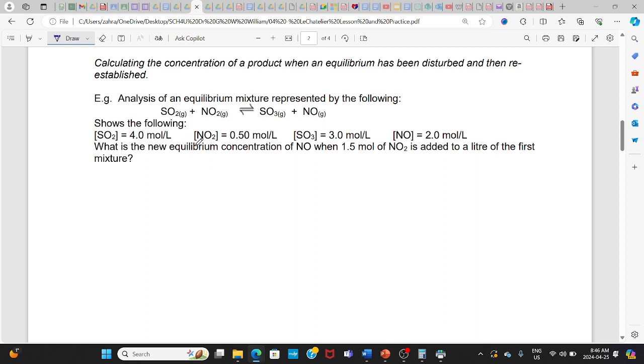What is the new equilibrium concentration of NO when 1.5 mole of NO2 is added? So it's already at equilibrium, and you want to disturb this. You're putting 1.5 mole of NO2 into the system, added to a liter of the first mixture. I don't see my K equilibrium, because I think at some point I needed that. Where is that? Can I find it?